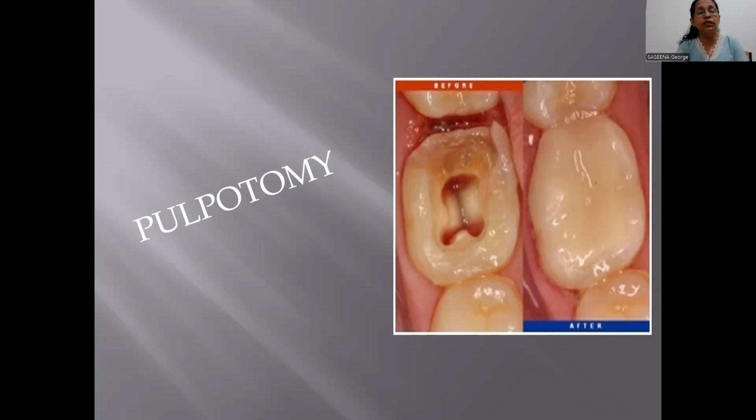When they are lost prematurely, the teeth on both sides can tilt and the opposing tooth can over-erupt, all resulting in disturbed occlusion. So the early loss of primary teeth can result in malocclusion in a child.